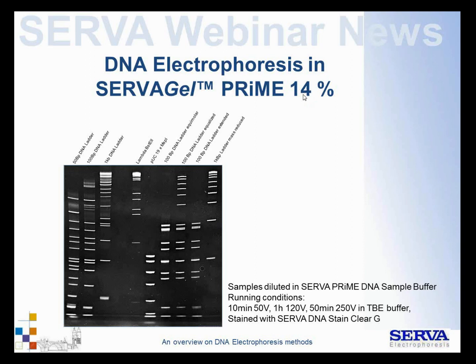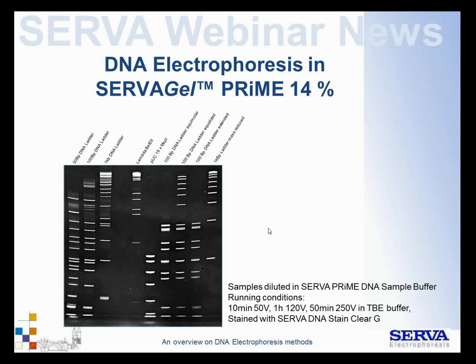Here you see one example with a 14% T value, and these gels contain a Tris-glycine-chloride buffer, but they are run with a TBE buffer in the buffer compartments, and the samples are also applied in TBE buffer. And here you see, after staining the gel with DNA stain Clear G, a super nice result in such a gel which is only 8 × 8 centimeters large.